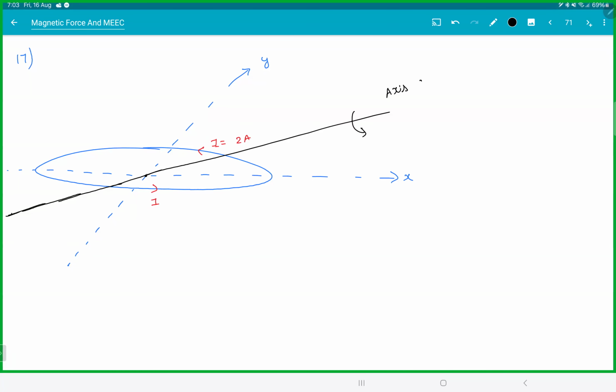This is the axis of rotation. Getting it? So we have a ring of mass 2 kg. Radius is 1 meter. I hope you're getting the meaning of axis of rotation being fixed.